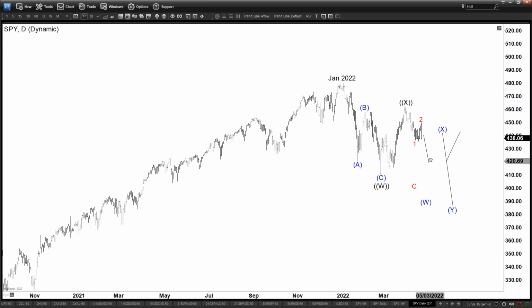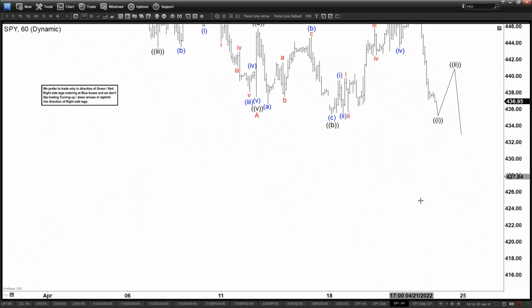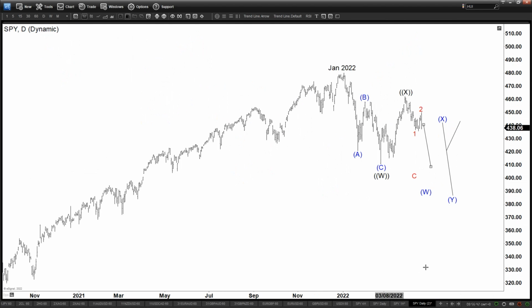It can go faster, like it can go to 410, which is the 1.618 extension of this A and B. So it can go to 410, 409, whatever it is, the 1.618, and then it can do 5 waves down like this, and that 5 waves down ending an A, and then you get a B, you get a C. So it's the same end result, which is more downside.